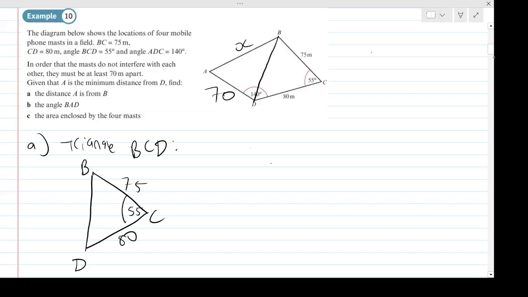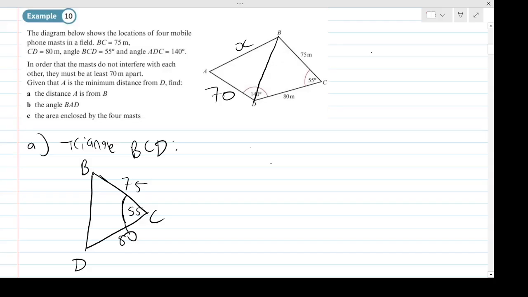So what can I work out here? This is what I'm going to be thinking with these sort of questions: what can I work out with this information, and then go from there? Well, I've got two sides and an angle next to it, and I want to work out lengths, I want to work out an x here. So I'm going to be considering either the cosine or the sine rule, because those two rules tell me stuff about the angles or distance.